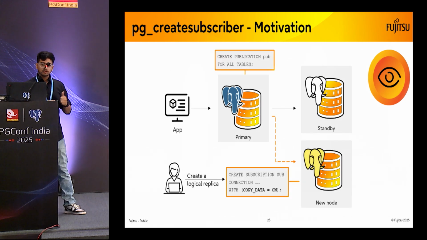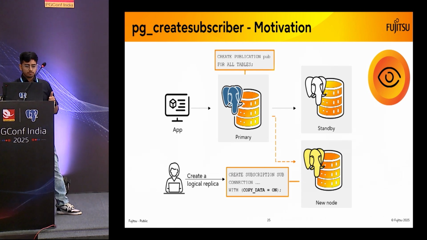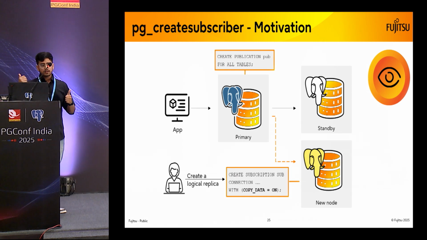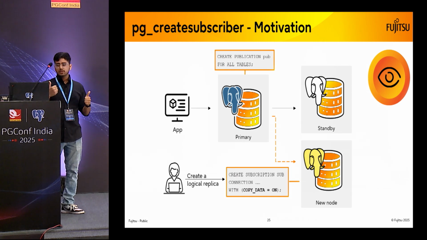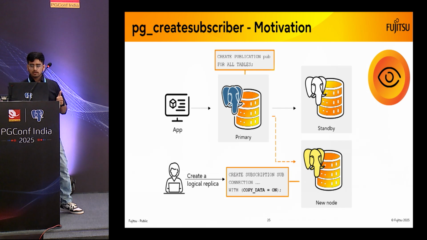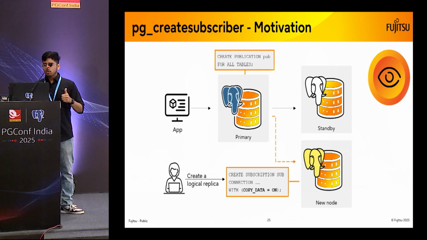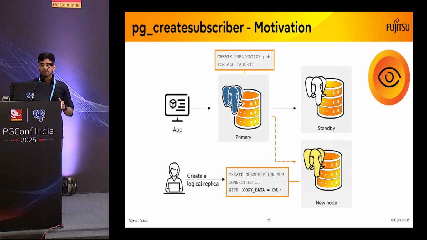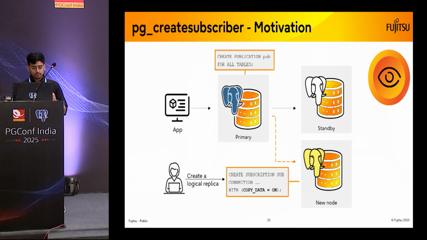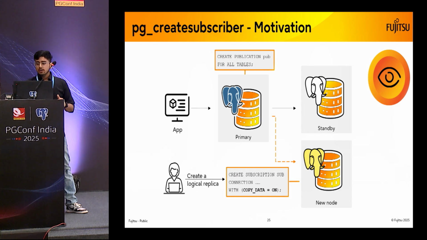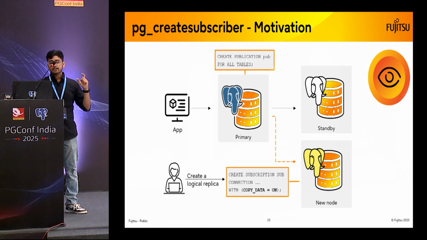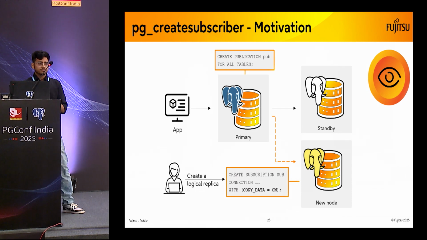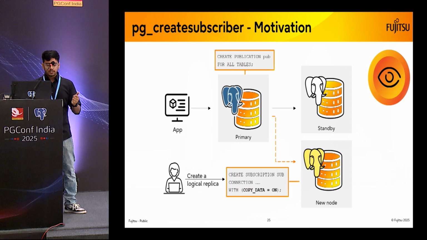We run a create publication command on the primary, and we create a new node and run a create subscription command with copy data on the new node. When we create a subscription with copy_data equals on, a background process runs a copy command for each of the tables in the subscription to copy the initial data.